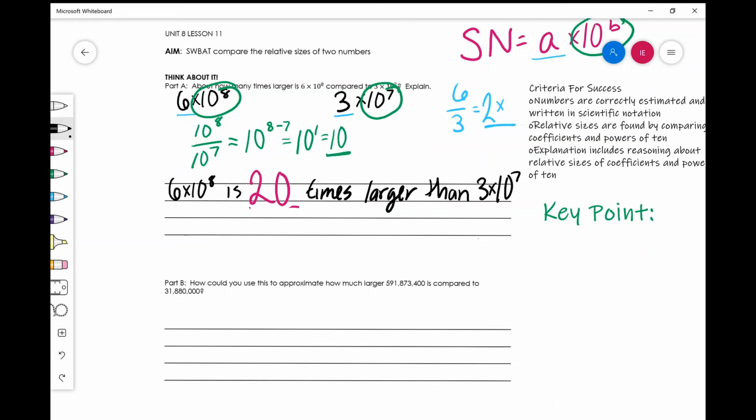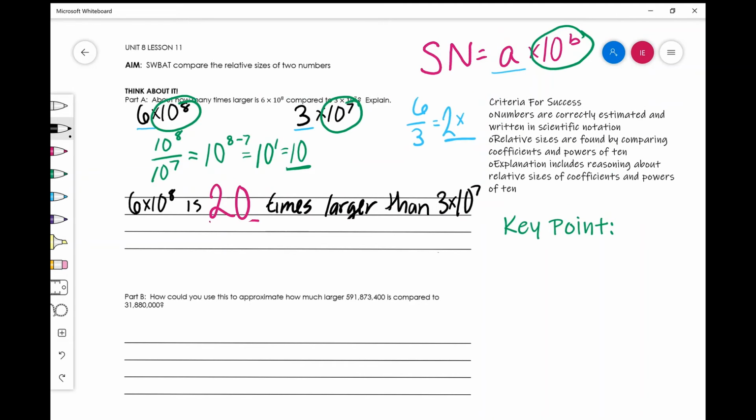It asks, how could you use this to approximate how much larger 591,873,400 is in comparison to 31,880,000? If it says we need to approximate, that means we're going to estimate or round our numbers.